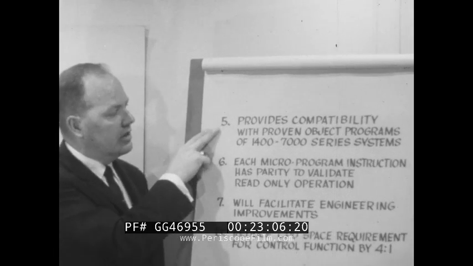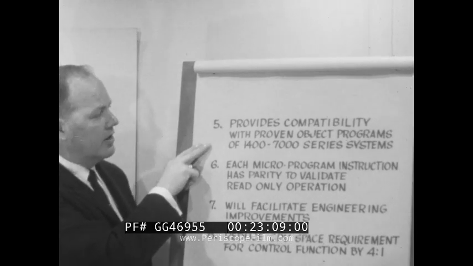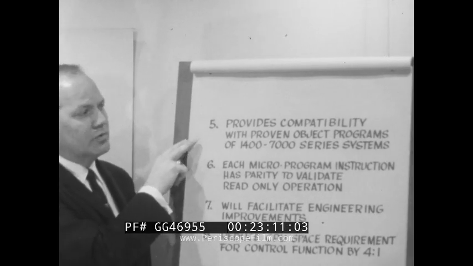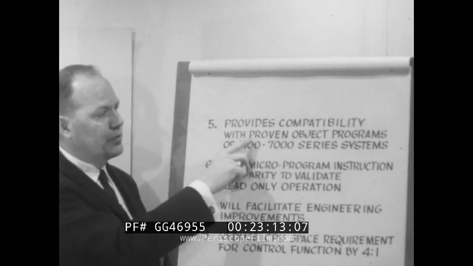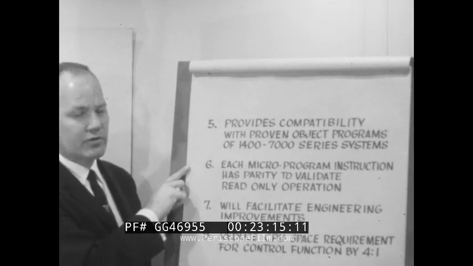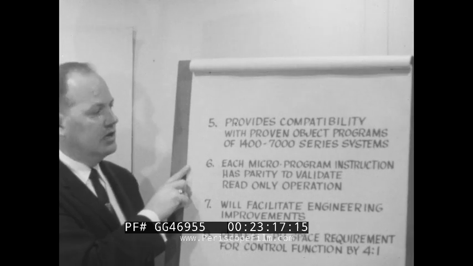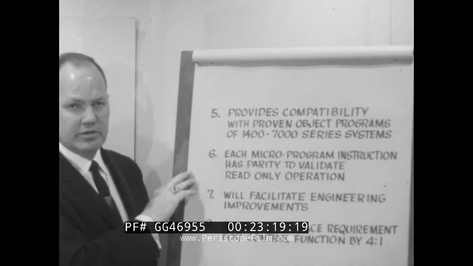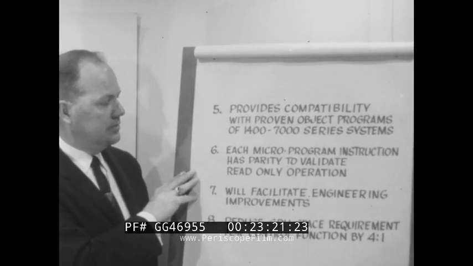Then the second, I think, most important advantage that I've highlighted already is that it does provide compatibility with proven object programs of the 1400 and 7000 series, as specified in the compatibility features that have been announced.